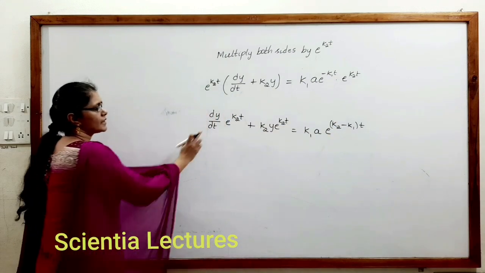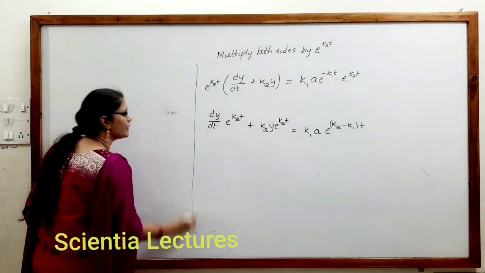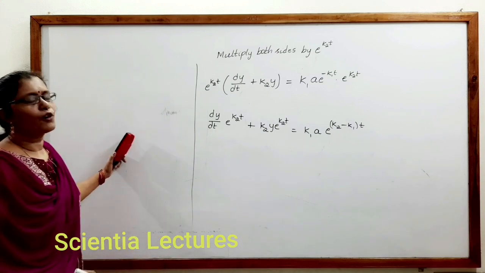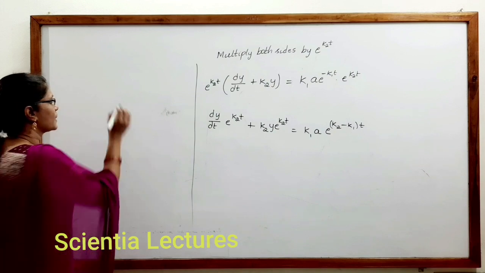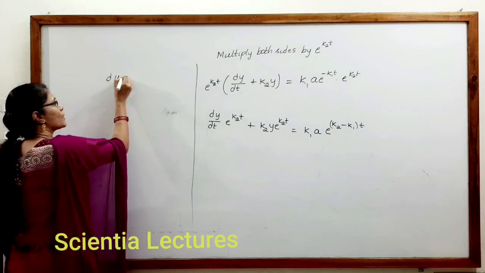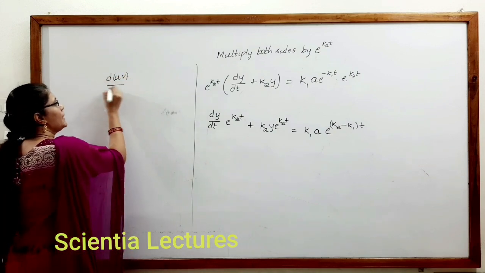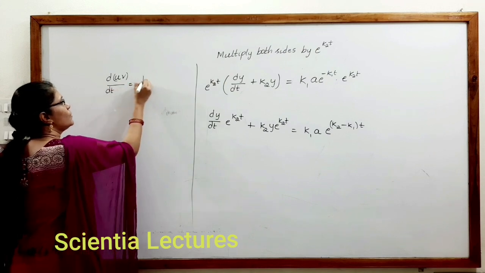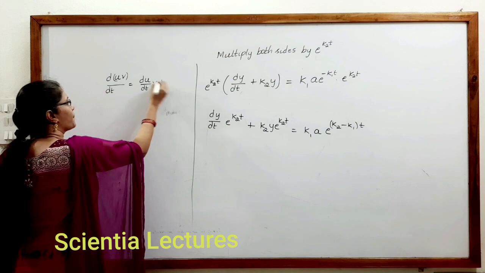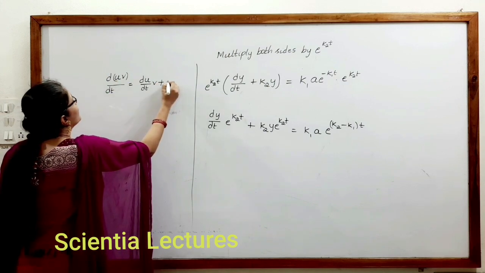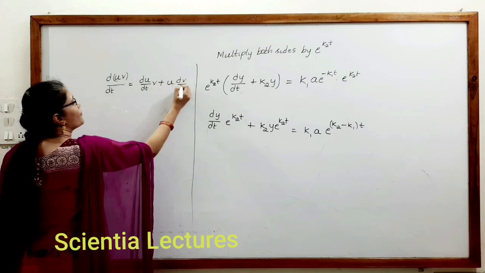Now in this case, remember that we have a formula that differentiation of uv with respect to t must be equal to differentiation of u by dt into v plus u into differentiation of v by dt.